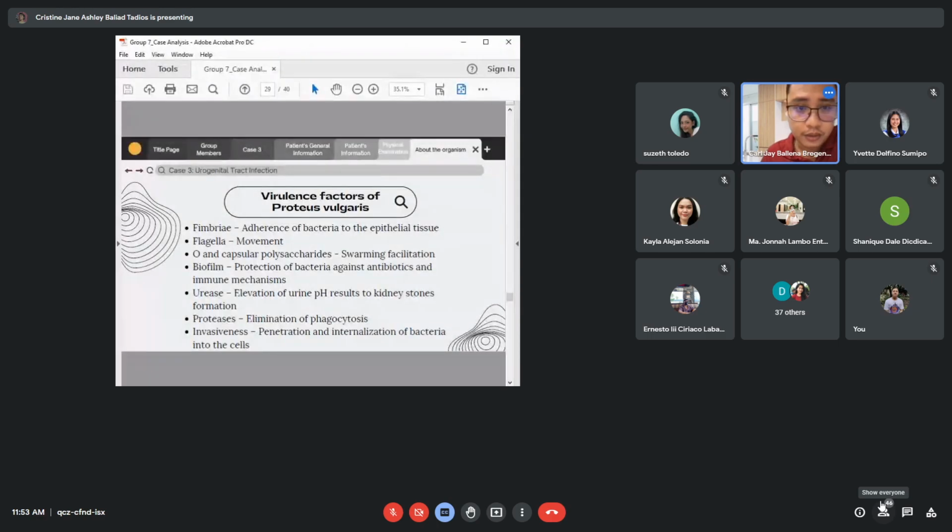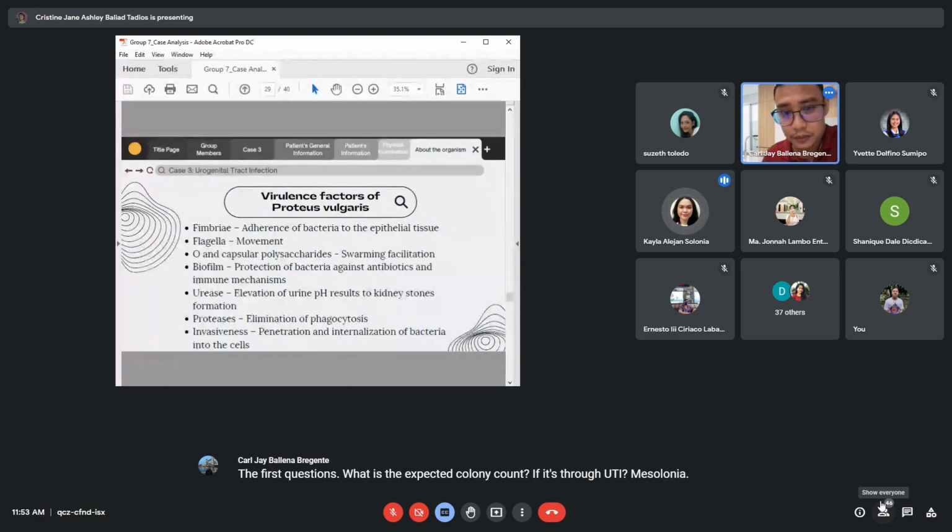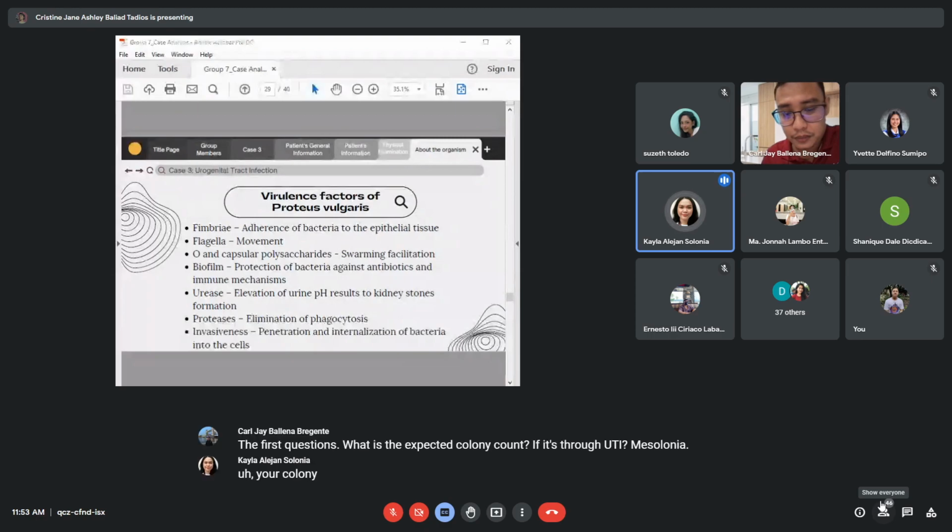What is the expected colony count if it's a UTI? The colony count is 100,000.